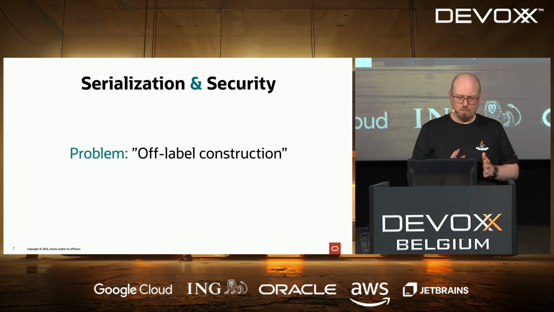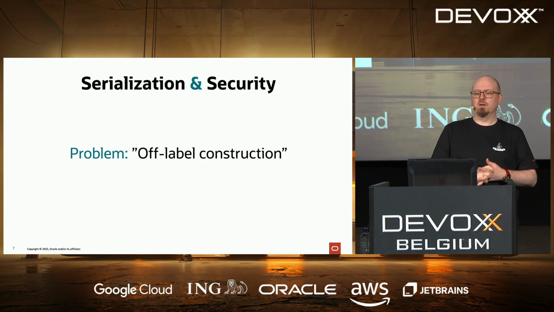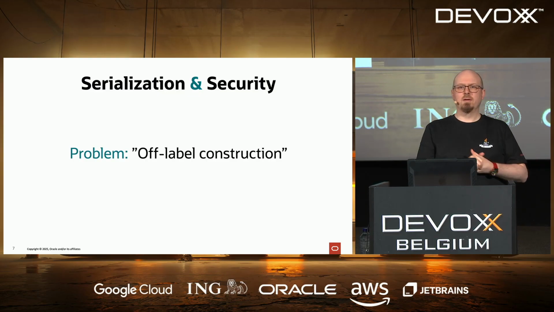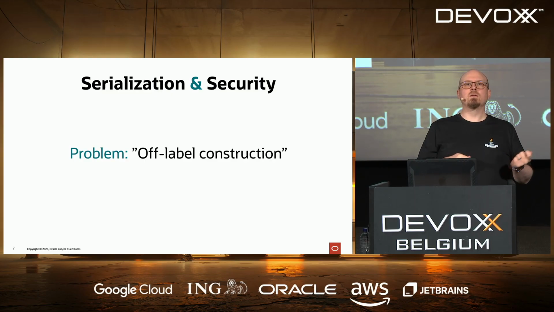So, going into the security domain here, one of the problems is what I call off-label construction, which is when you create an object without invoking its constructor, and then you're poking values into the fields, bypassing all the logic defined for that type itself.